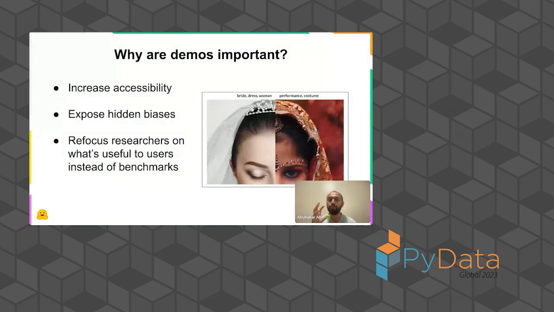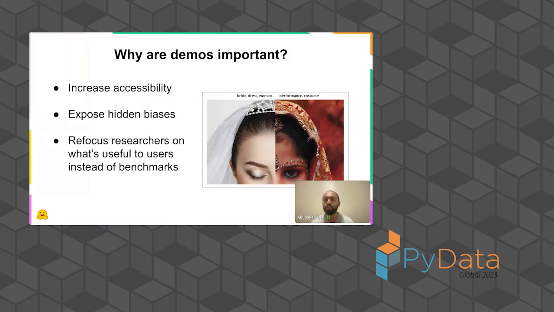If you feed it into a machine learning model, it'll give you the following labels. It'll tell you this is a bride, this is a dress, this is a woman, reasonable labels. If you feed it an image of a bride in typical Pakistani or Indian attire, I'm from Pakistan, it'll actually say things like it's a performance or it's a costume. So we're still struggling with these questions of cultural biases present in machine learning models.